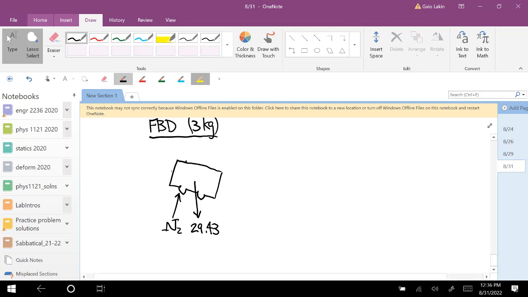There's the cable force that we already have a name for, that's T2. And then there's a friction contact applied to the 3 by the 2, so I'll call that the force on 3 by 2, and it's a vector. We don't know the direction.